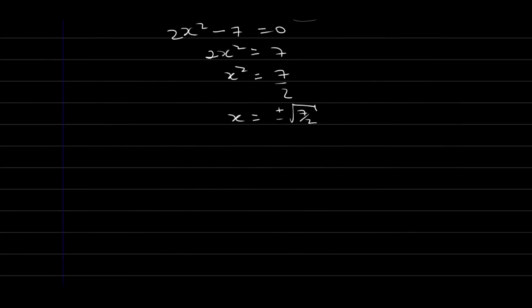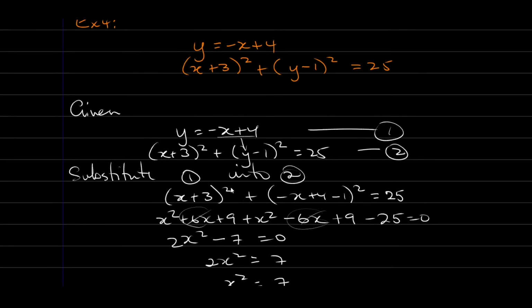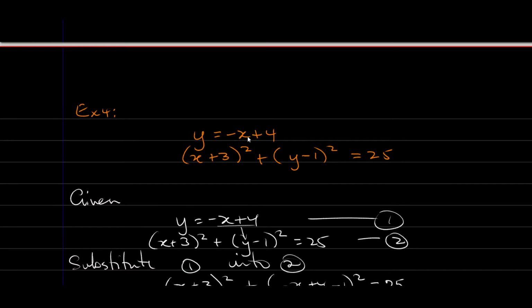All right, so then I have here, using x equal to positive, well, let's just say positive then, positive root 7 over 2 in equation 1, we're going to get y equal to minus x plus 4.